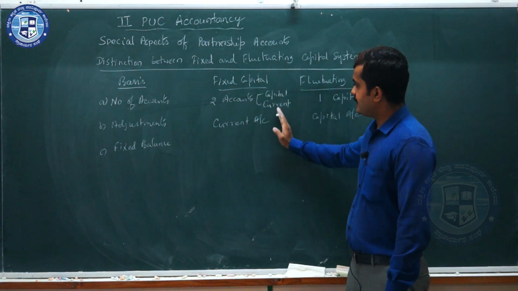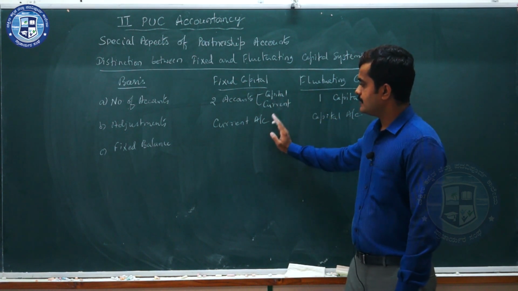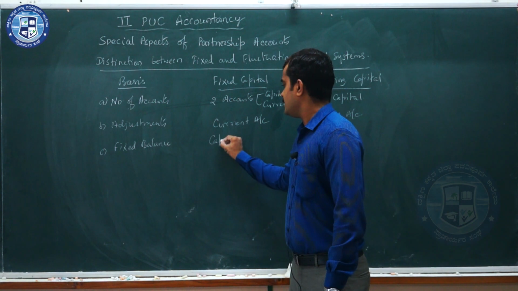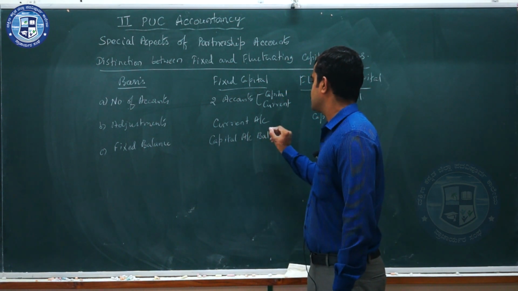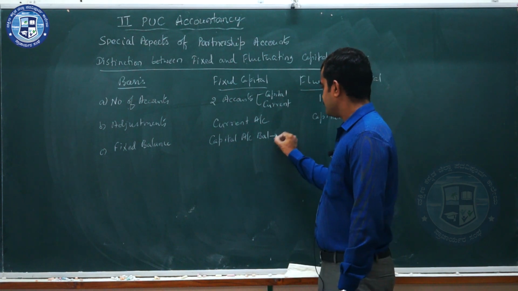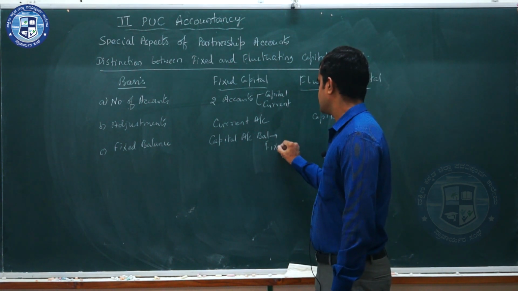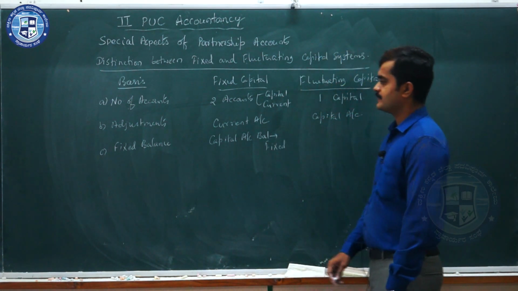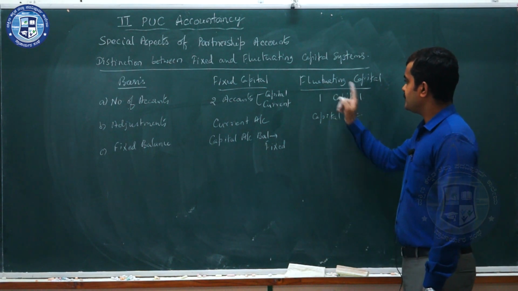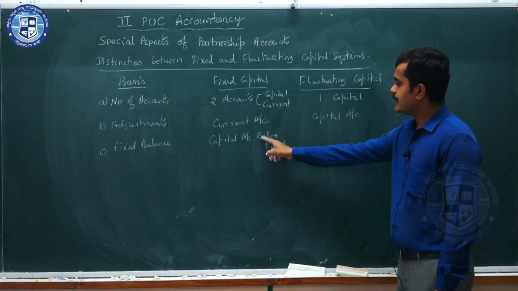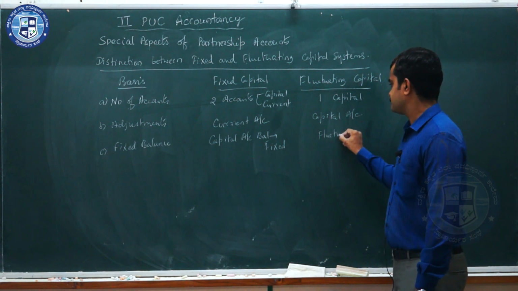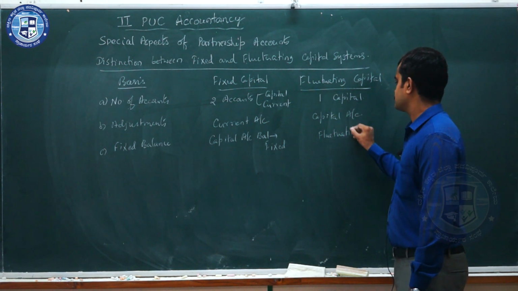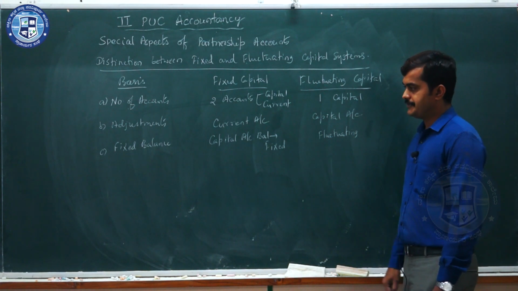Under fixed capital system, capital account balance will remain fixed, whereas under fluctuating capital system, capital account balance will be fluctuating. That is the third difference.